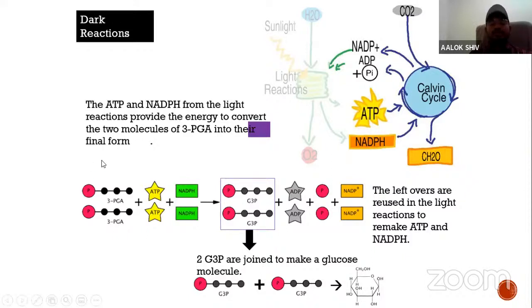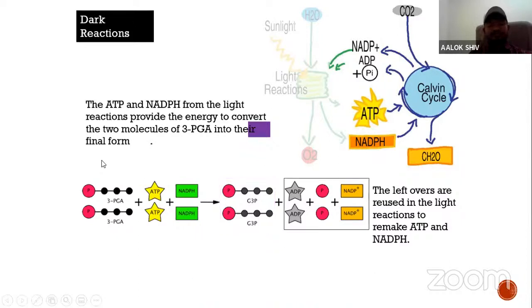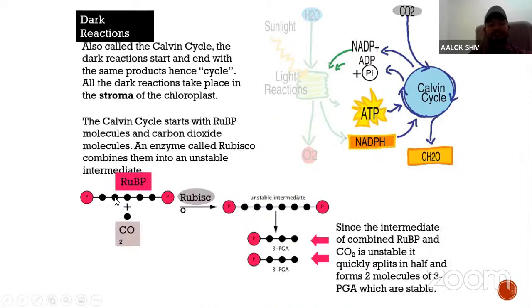So what is happening here in the dark reaction, from initiation: RuBP and CO2 combine in the presence of Rubisco, making an unstable intermediate. That is why it will further break down into the stable compound PGA, phosphoglyceric acid.